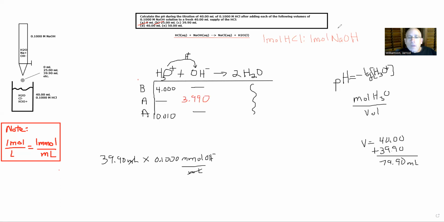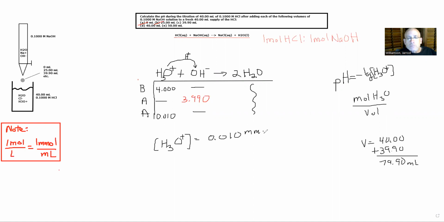Okay. And then the hydronium ion concentration will be 0.010 millimoles over 79.90 milliliters. Divided by 79.9, I get a small number, of course.